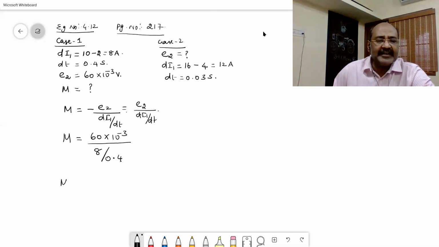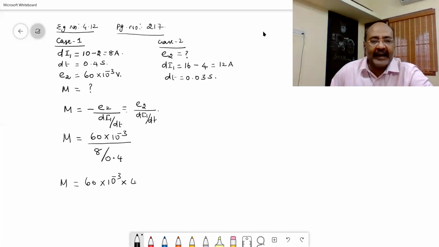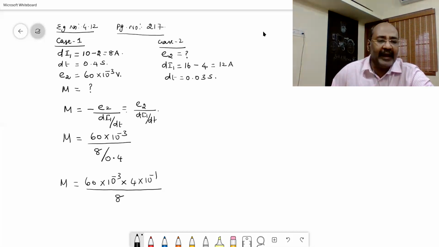On simplifying this, I can write 60 into 10 to the power of minus 3, taking the 0.4 to the numerator, as 4 into 10 to the power of minus 1, whole divided by 8. Simplify, you will get the answer as 3 into 10 to the power of minus 3 Henry.